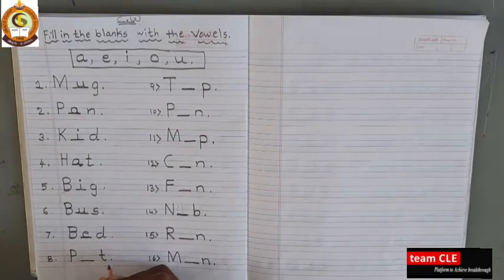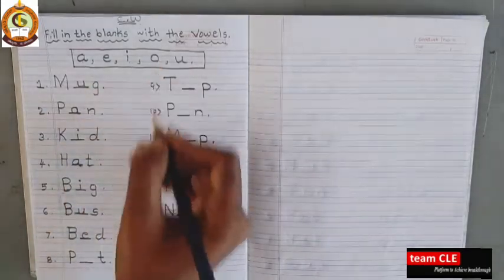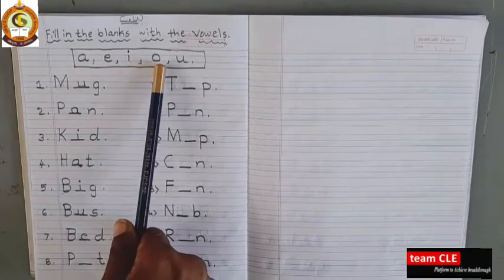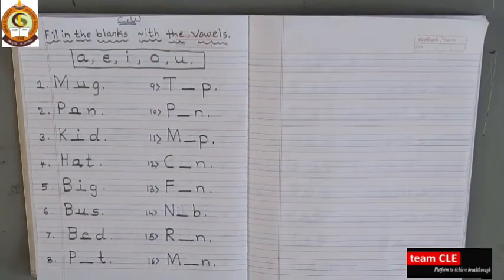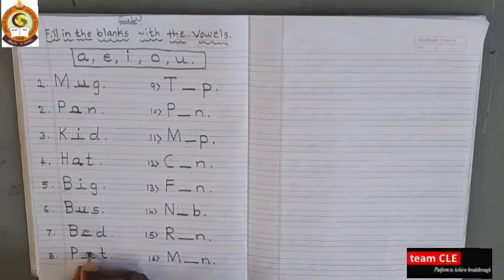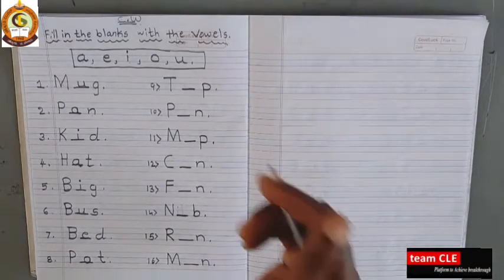So here can write two, P-E-T, pet or P-O-T, pot. So any one of the two vowels you can use here. So I will use here the vowel O. P-O-T, pot.